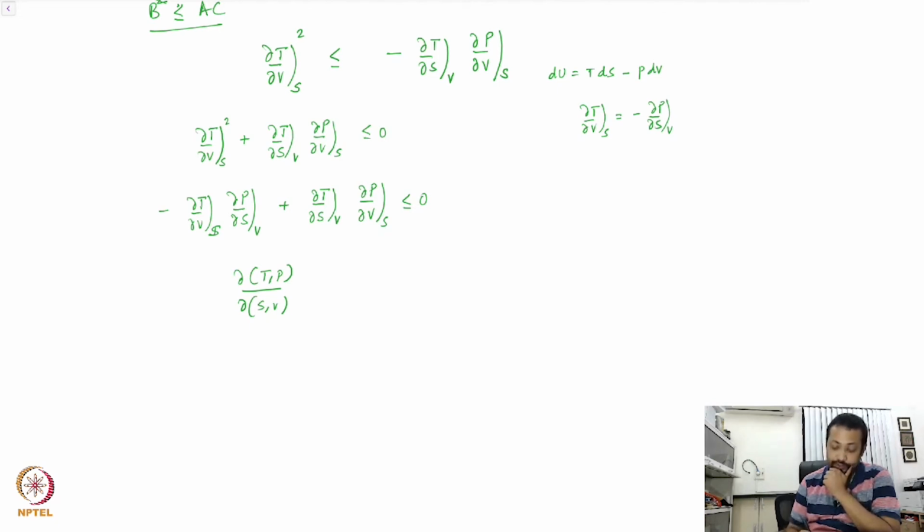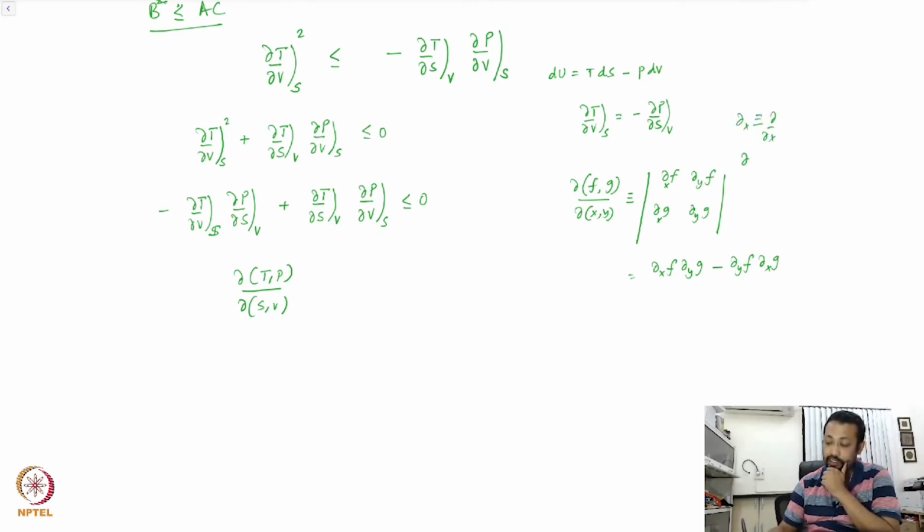Why? Because if you just remember the Jacobian, ∂(F,G)/∂(X,Y) is ∂X F ∂Y G minus ∂Y F ∂X G, where ∂X is identical to ∂/∂X and ∂Y is identical to ∂/∂Y. Of course, when I write ∂X, it means Y is being held constant.